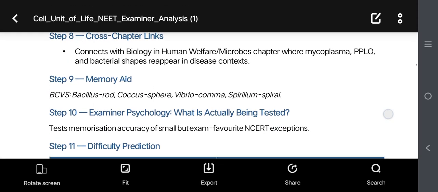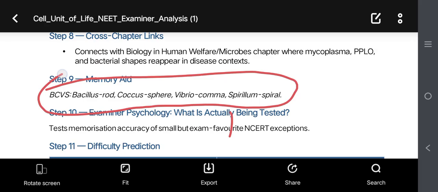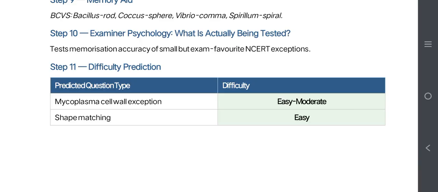One of the best memory aids that we will be discussing. PCBS: Bacillus, rod shape; coccus, spherical shape; vibrio, comma shape; spirillum, spiral shape. Those are the common four shapes.